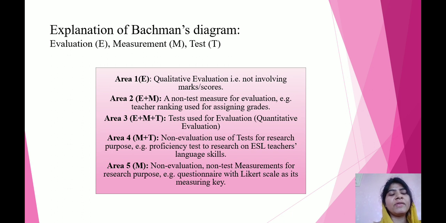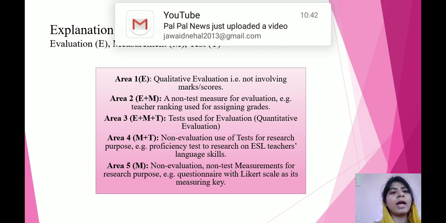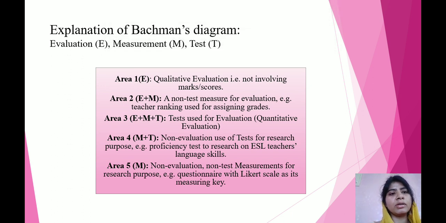Area 5 is where once more I need scores, I need numbers for my research, but it does not involve any test. For example, I prepared a questionnaire based on a Likert scale. You remember the Likert scale? I explained it in class. And the Likert scale will give me scores, right? For example, against one question, you have got 5 responses.